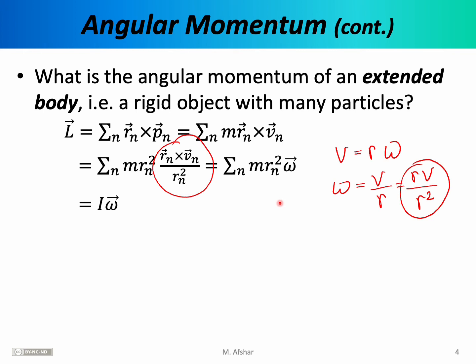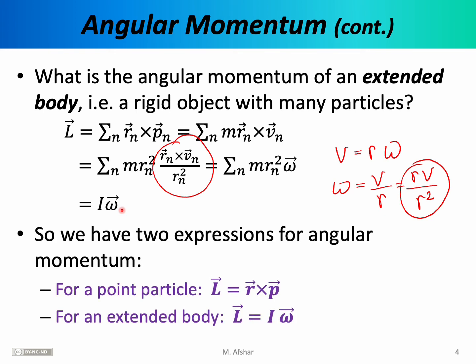And to do that, you would need the mass of its particles and the position of each particle. And when you take that position and you square it and you multiply it by mass and you add it for all the particles of that object, you get the moment of inertia. So the angular momentum of an extended body, a large rigid object with many particles, is equal to the inertia of that object times the angular velocity of that object.